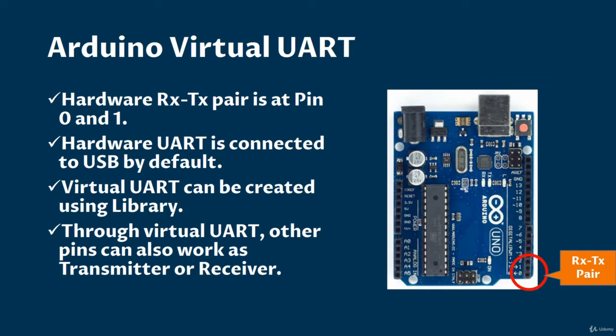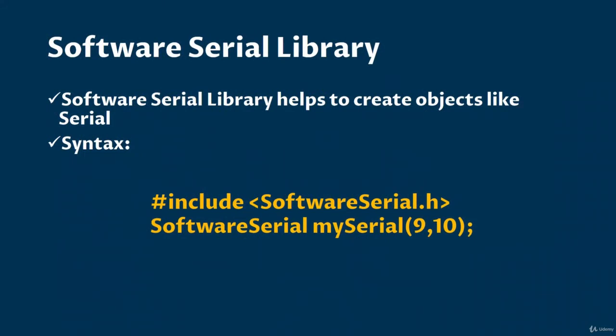The syntax for this is: you have to add the library's header file in your program, that is SoftwareSerial.h. Then at the first line, just write SoftwareSerial. Both the S's are in capital letters. Then give it a name. I have given mySerial, within brackets 9, 10.